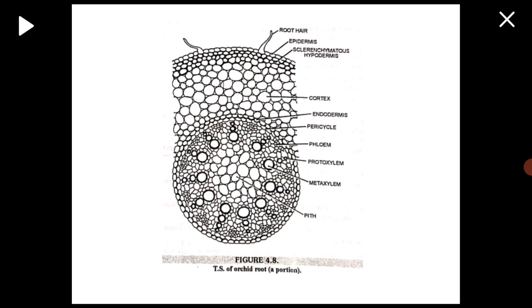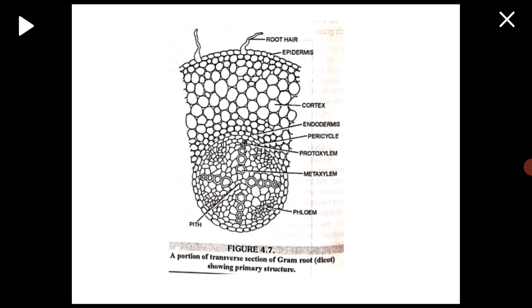The protoxylem usually consists of a single vessel with annular or spiral thickenings. The metaxylem consists of large vessels with pitted thickenings. The phloem strands are also exarch and show protophloem towards the periphery and metaphloem towards the inner side.